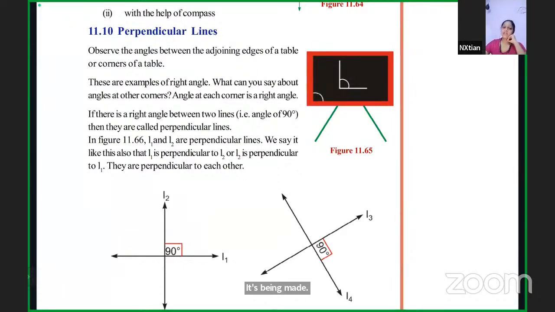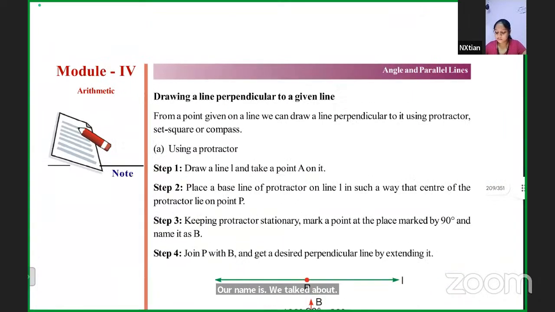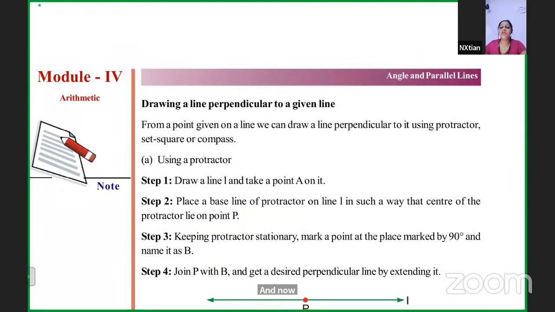Now, in the last class, we talked about perpendicular lines, that they make an angle of 90 degrees. Now, two methods are there to draw the perpendicular line. First is using the protractor and then using set square. So let's see how we can draw perpendicular lines using a protractor.